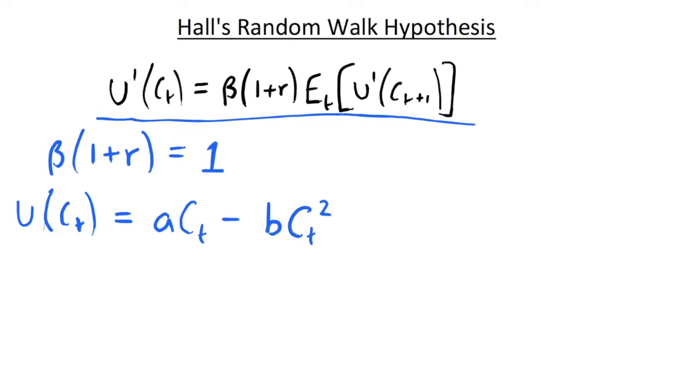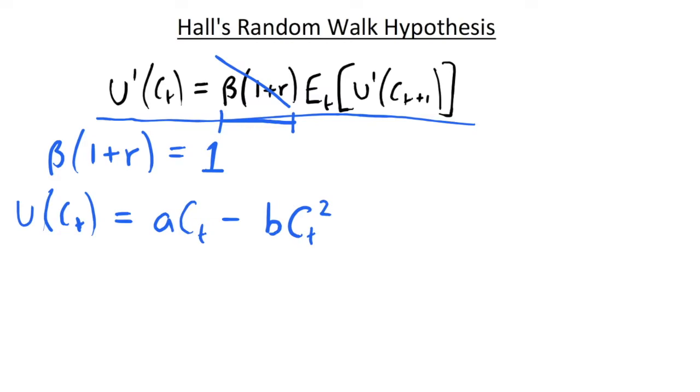Now that we have these conditions, we can substitute them into our stochastic Euler equation to get a result which is what we know as Hall's random walk hypothesis. For starters, we notice that this term in the Euler equation, beta times 1 plus r, we can just get rid of because it now equals 1.